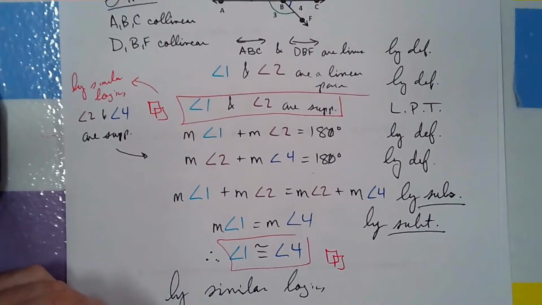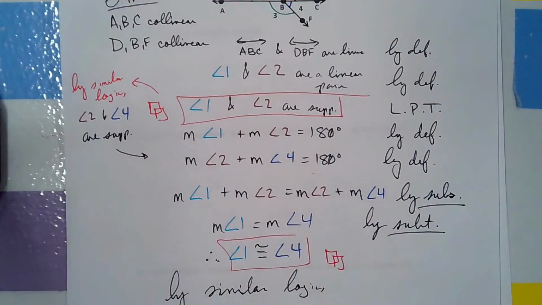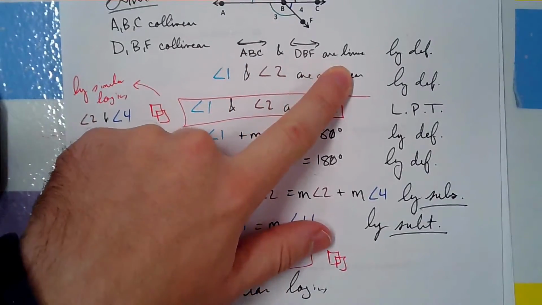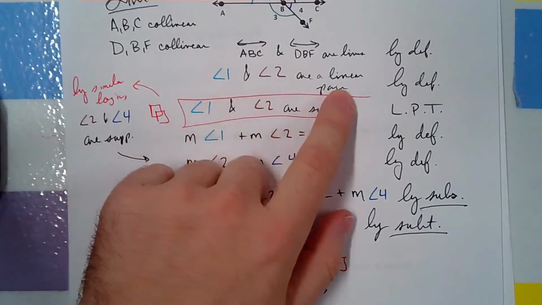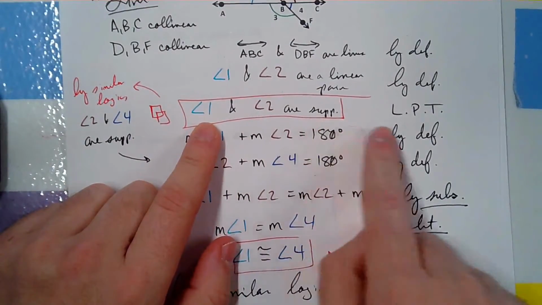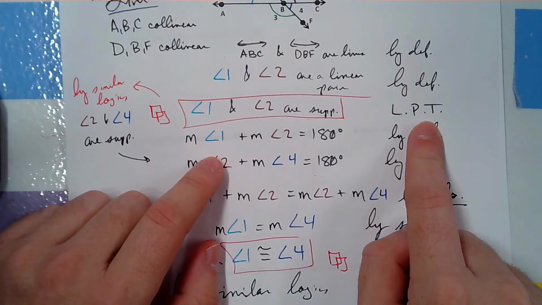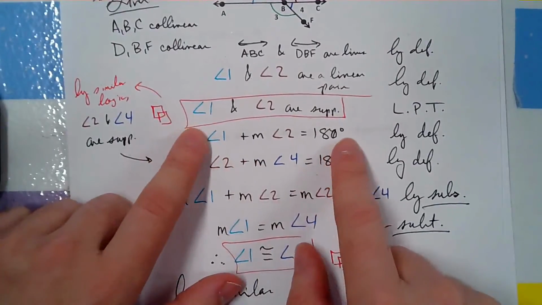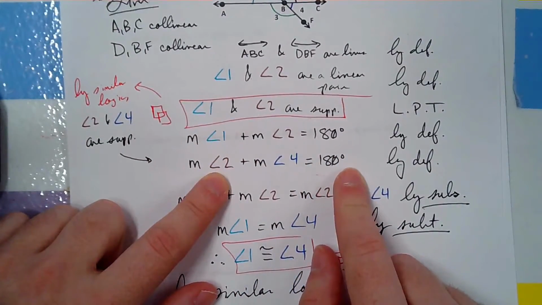How I'd write this out is I'd say something like, given that ABC and DBF are collinear, that means that ABC and DBF are lines by definition. Angle 1 and 2, therefore, are a linear pair because that fits the definition of a line. And then 1 and 2 are supplementary because that's by the linear pair theorem. By the same logic, 2 and 4 must be supplementary, and that means both of these equal 180 by definition.